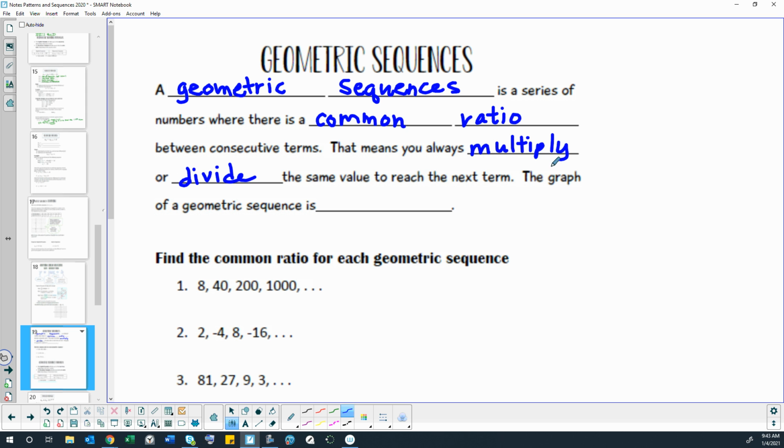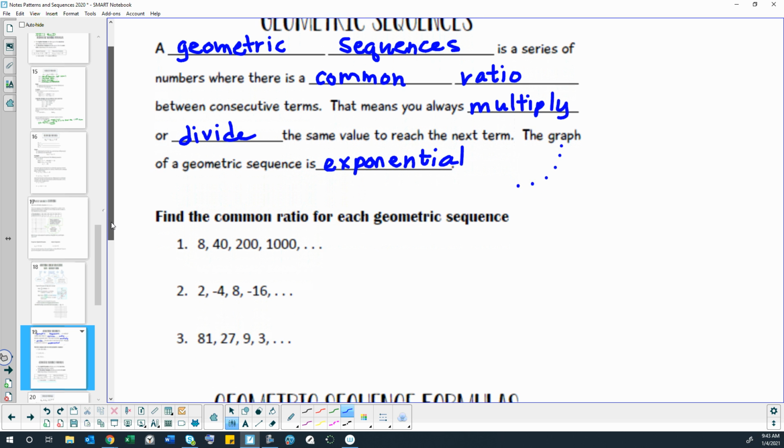The graph of a geometric sequence is exponential. If you're not sure what that means, exponential is a little bit curved, so the graph is going to curve upward instead of being a straight line like it would be if it was linear, like it is for an arithmetic sequence.